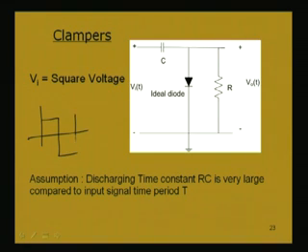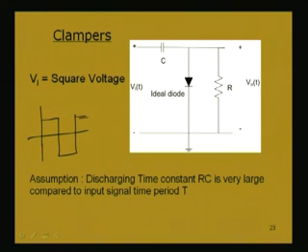A very simple example of this clamper circuit we will be showing here, having an RC, that is a capacitance and a resistance, connected like this as shown in the circuit, and a diode. For simplicity and easy understanding, we consider first an ideal diode. An ideal diode has 0 drop and resistance is ignored. Suppose we are applying a square wave, this type of waveform.